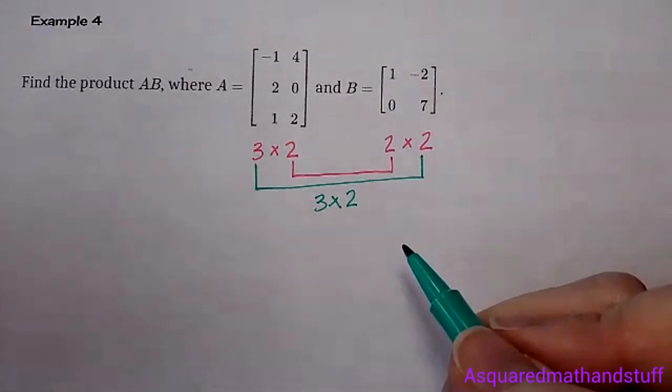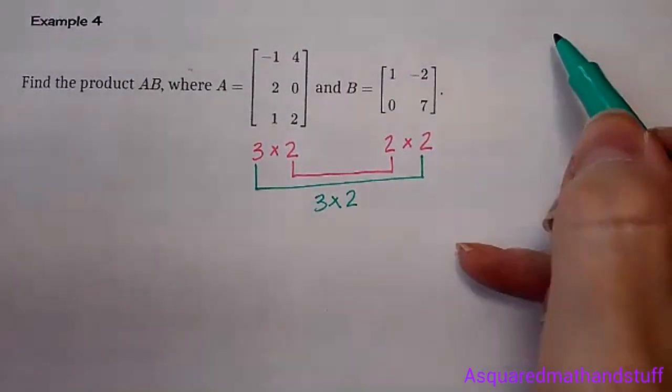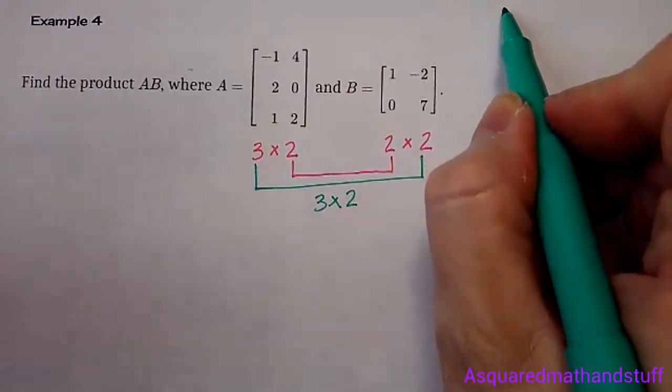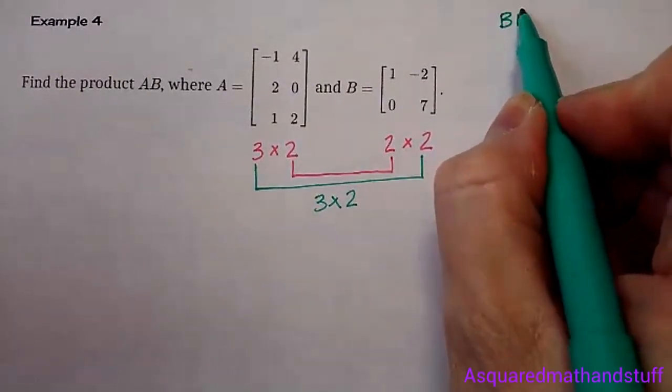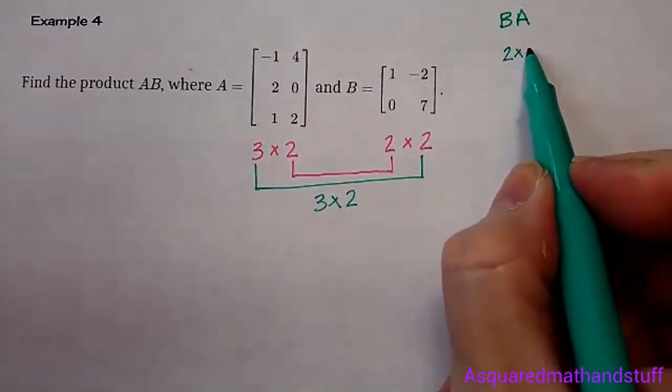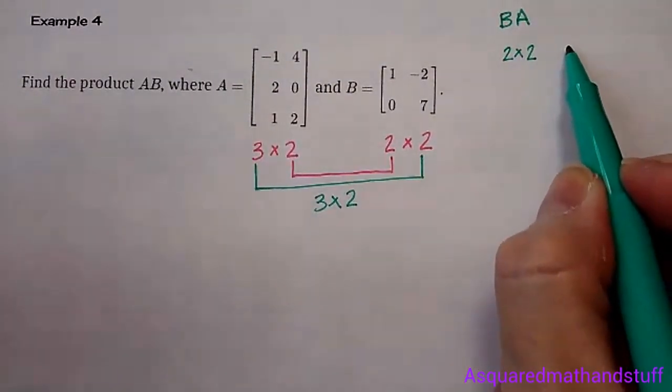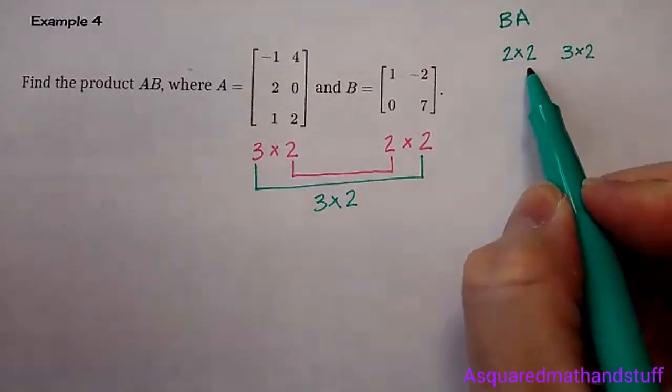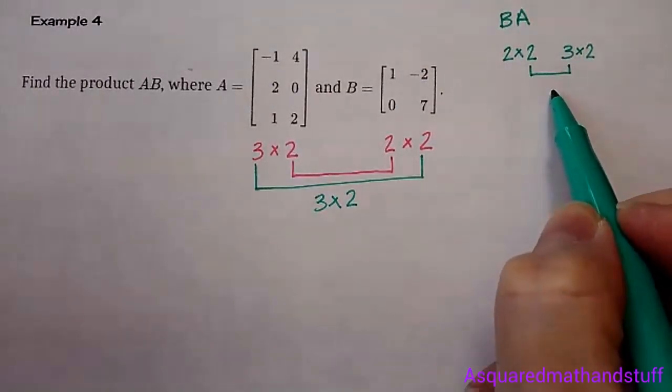Before I continue, I want to take a look at B times A. If we were told to multiply B times A, we would have a 2 by 2 matrix multiplied by a 3 by 2 matrix, and these inner numbers are not the same.